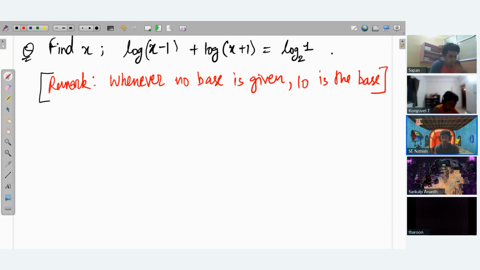Log x minus 1 to the base of 10 is equal to log 1 to the base of 10, which is equal to 0. And for both it'll become 0, right, sir? For both log x minus 1 and log x plus 1.